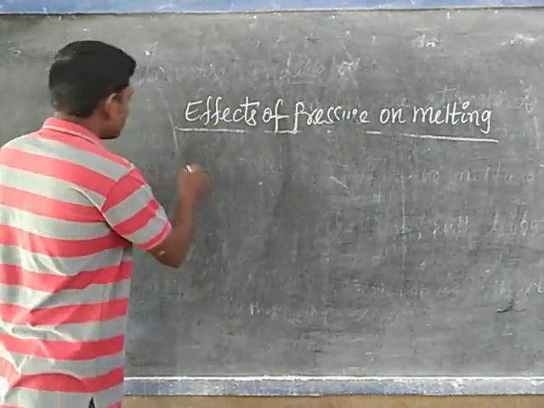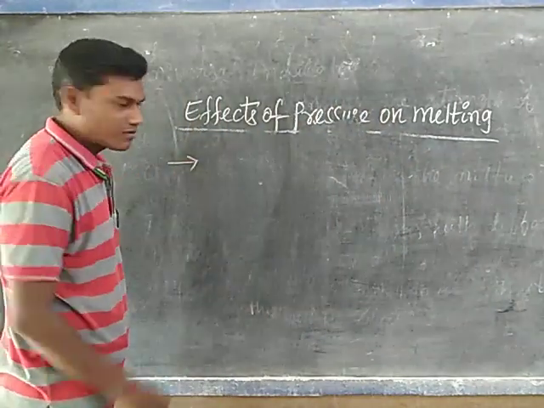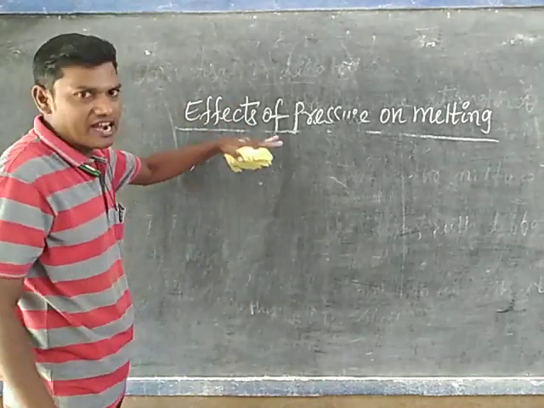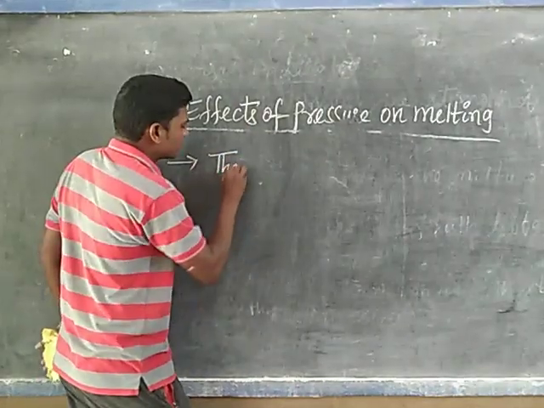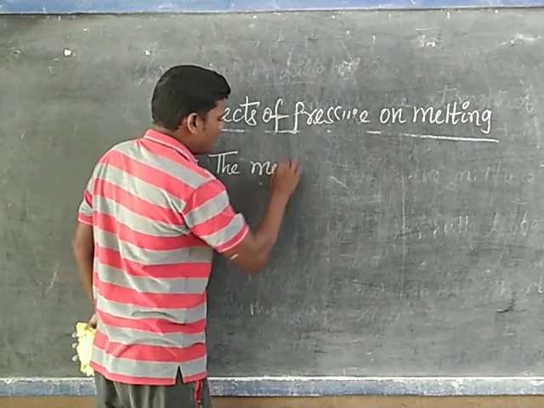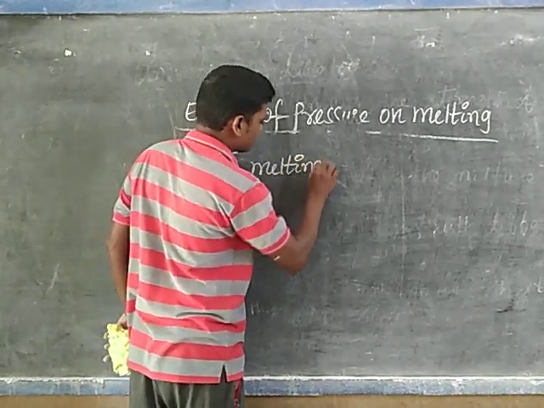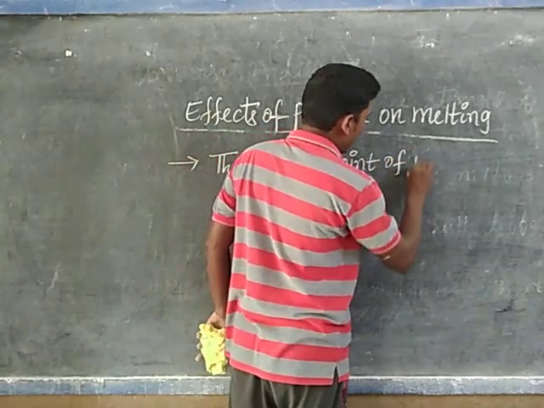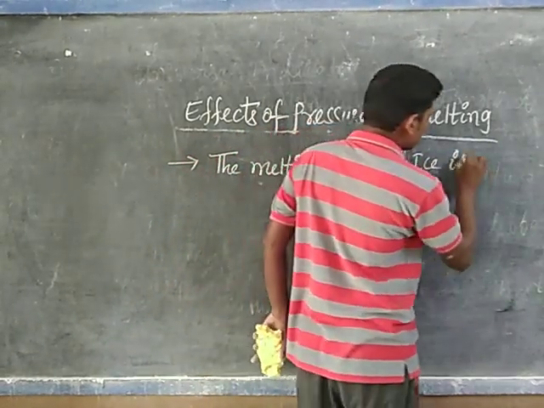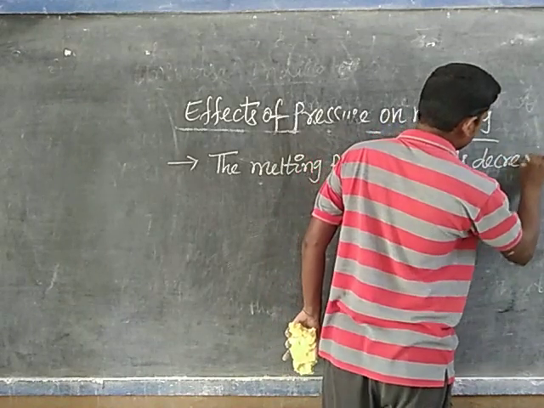So they found out experimentally what happens during melting. The melting point of ice decreases.